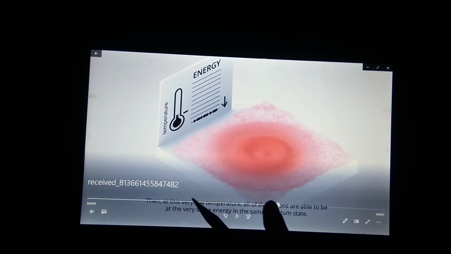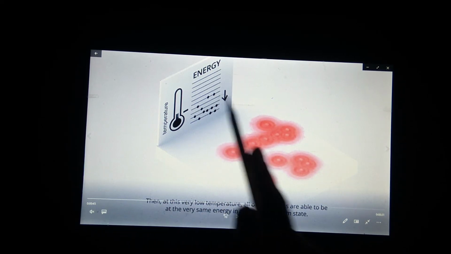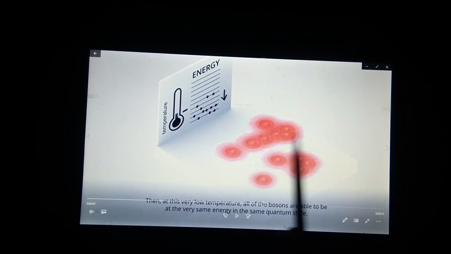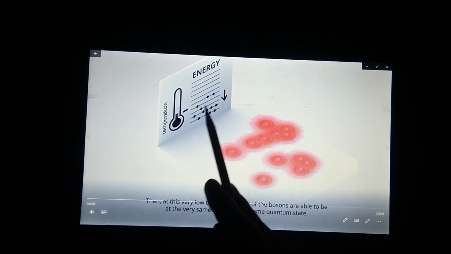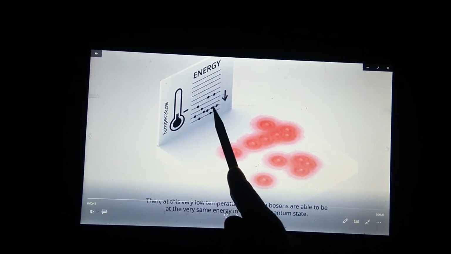Let's get back. Before, they have different energies, different randomness, different motion, different energy levels, and their wave functions are different.